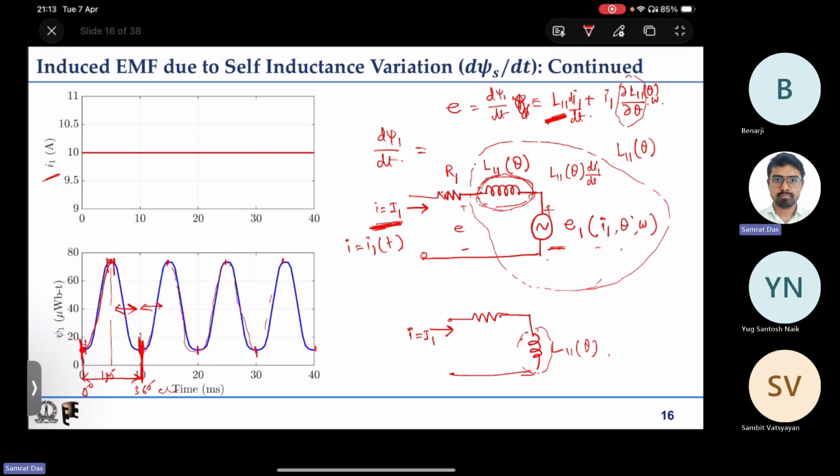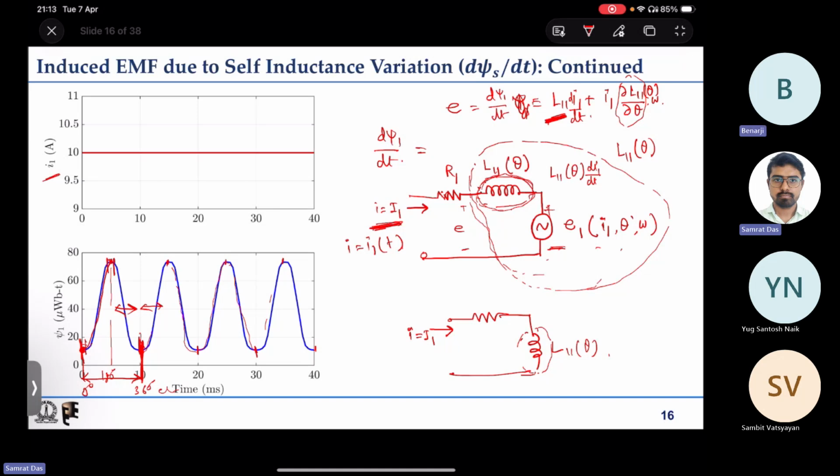Okay. So this whole E is being modeled by one inductor, whose inductance value changes with rotor position, and one voltage source whose EMF depends on current, rotor position and speed. That is the model.